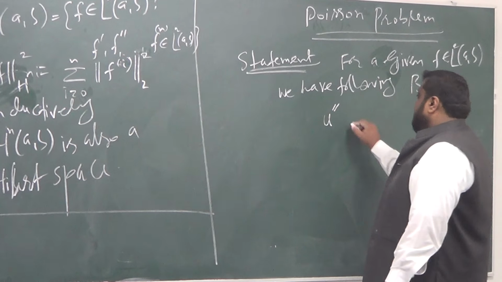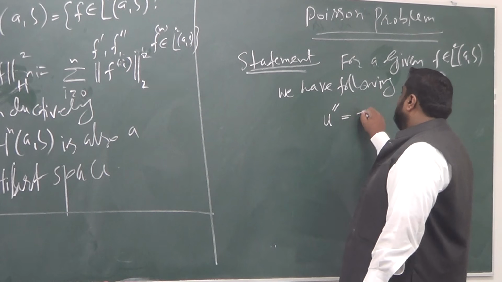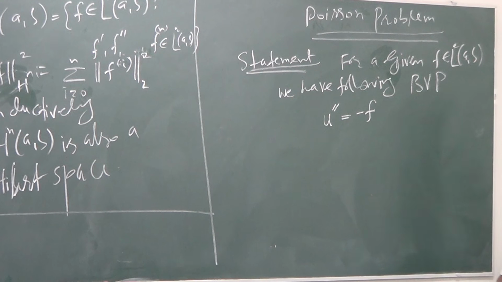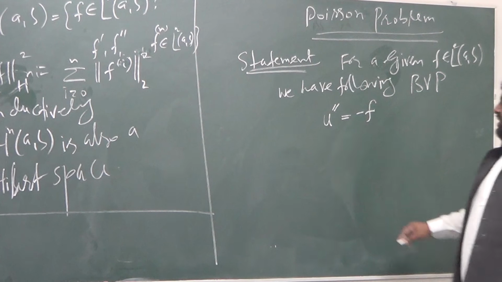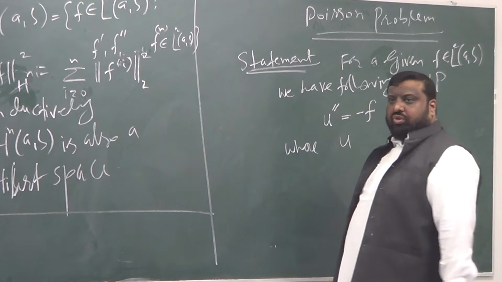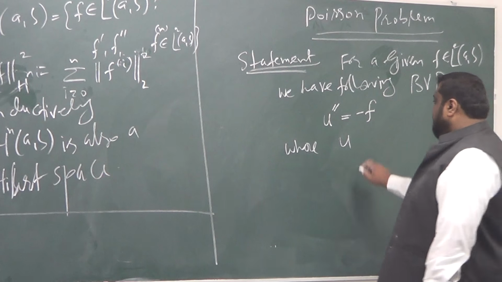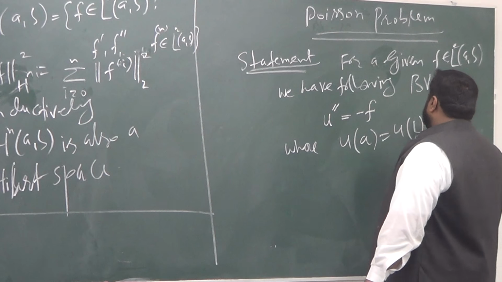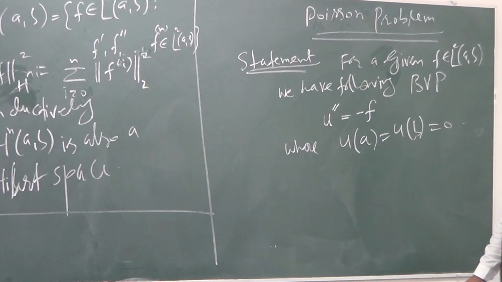So the second order derivative of u gives you f, and u should also vanish on the boundaries. So this is what we essentially want.